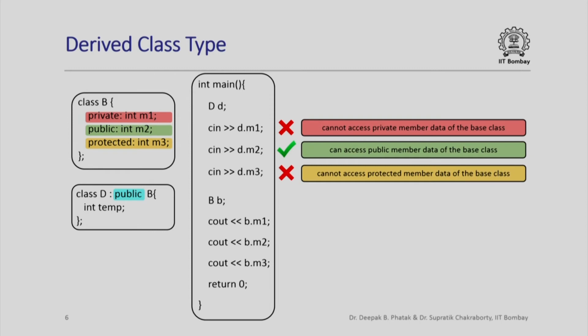D.M3 also cannot be accessed because M3 is a protected data member of the class B. What this means is that this data member can only be accessed within derived classes that are derived from class B, but it cannot be accessed in the main program, which is outside the definition of the class D.